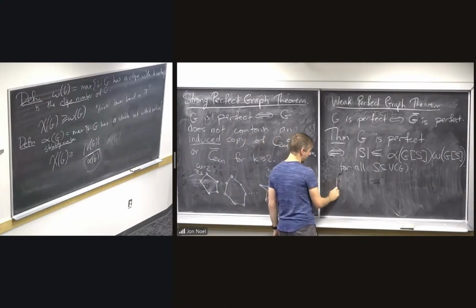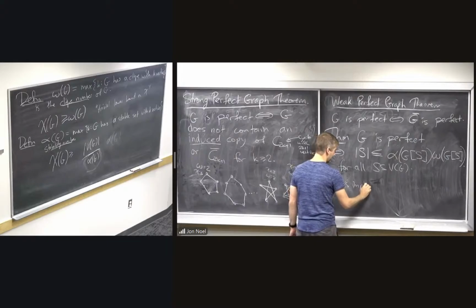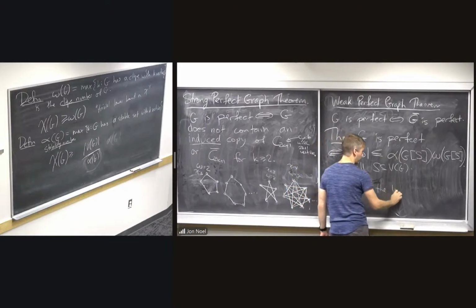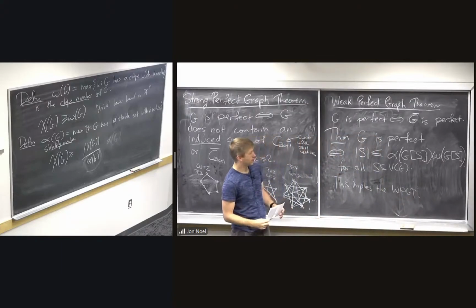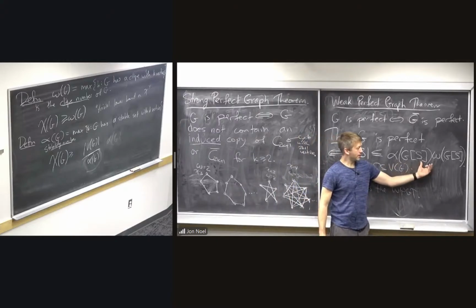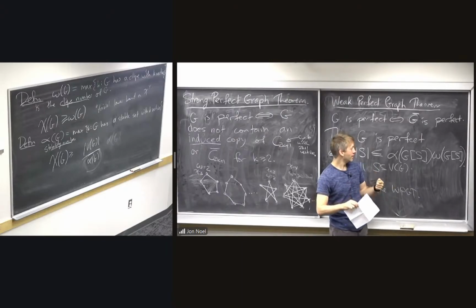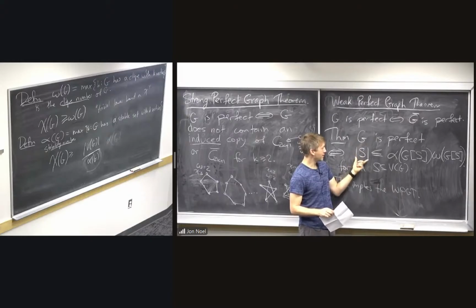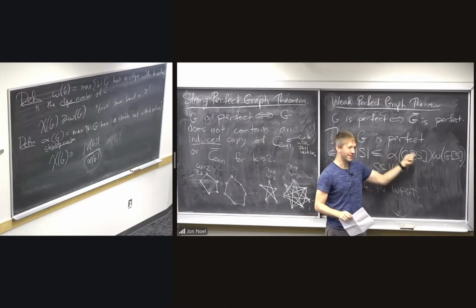And I claim this implies the weak perfect graph theorem. And again, it's because stable sets and cliques are kind of the same thing, except in the complement or in G. So if I replace G with its complement, all it does is change this alpha to an omega and that omega to an alpha, and it's the same thing.